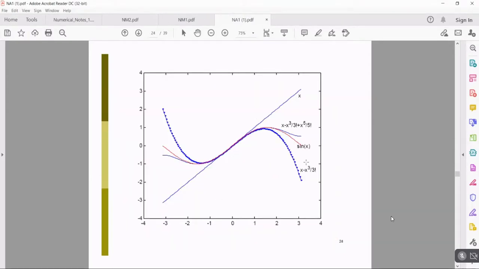We'll see, if we use a smaller number of terms, like only the first term, then we'll get this one. If we use only two terms, then x minus x cubed by 3 factorial. If we use three terms, we get close to this red curve, which corresponds to sin x.